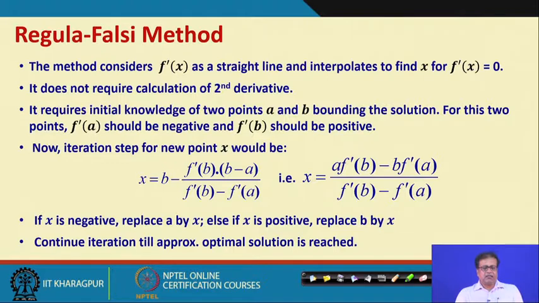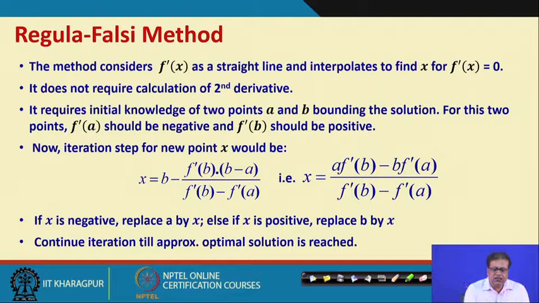The advantage is there is no need to calculate the second derivative, but then we need to have two starting points a and b such that the f dash a is negative and f dash b should be positive. So, see there is a function f dash x, for a value of a the value is negative, for value of b f dash x is positive. So, obviously, f dash equal to 0 should be somewhere in between, so that we can interpolate between them.